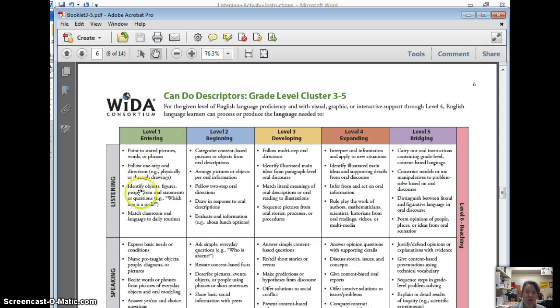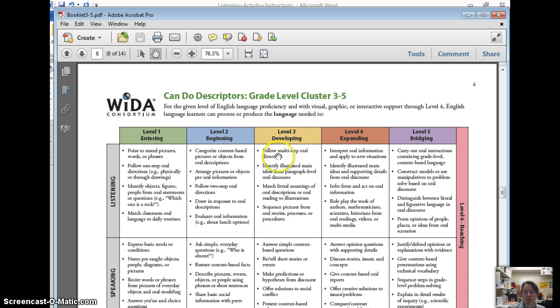Level 2 can do all of Level 1 and categorize content-based pictures. They can arrange pictures from oral information. They can follow now two-step oral directions, draw in response to oral descriptions, and evaluate oral information. Okay.